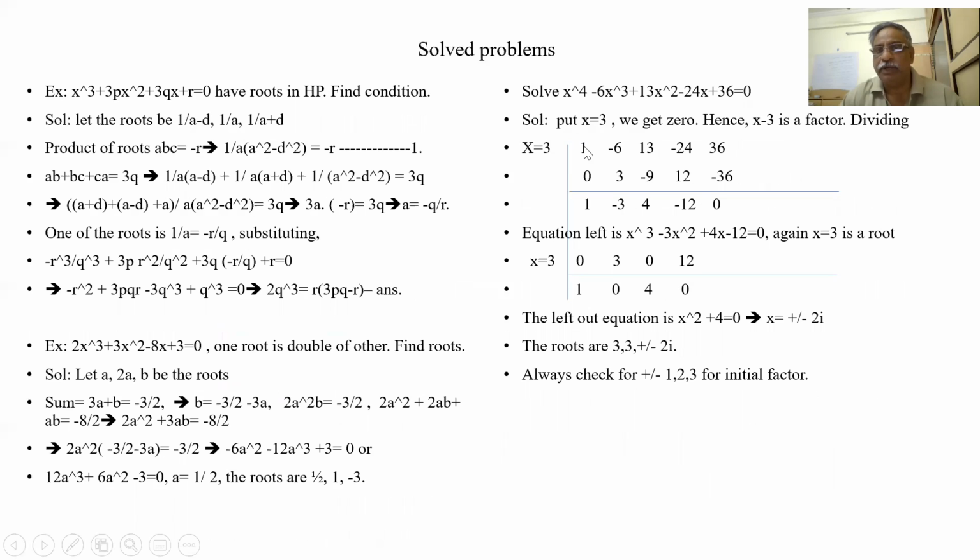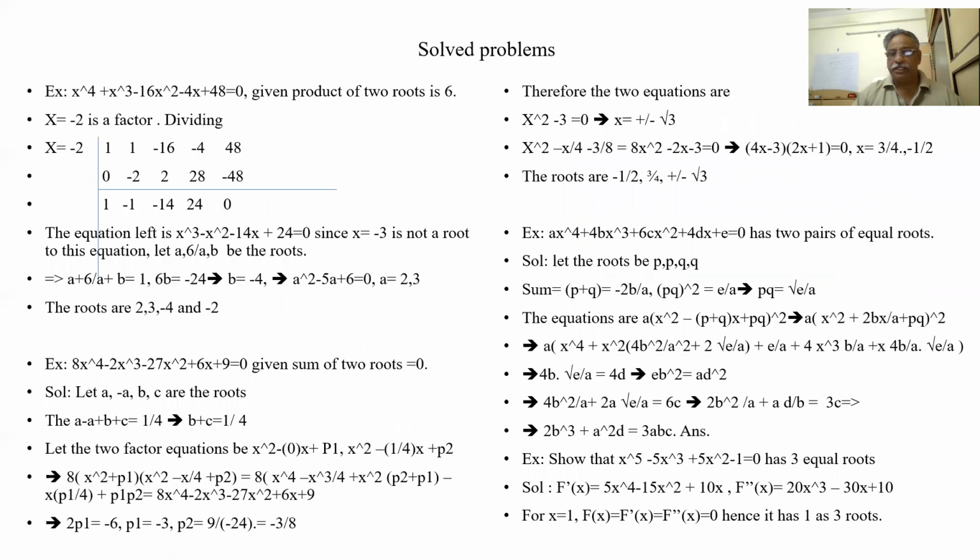X minus 3 is dividing x power 4 to x cube. Again x minus 3 is dividing x cube to x square. So it is f dash x. Basically x minus 3 is a factor of f dash x, 4x cubed minus 18x square plus 26x minus 24, which will also have 3 as a root. So same root means f dash x, f double dash x also can be checked.